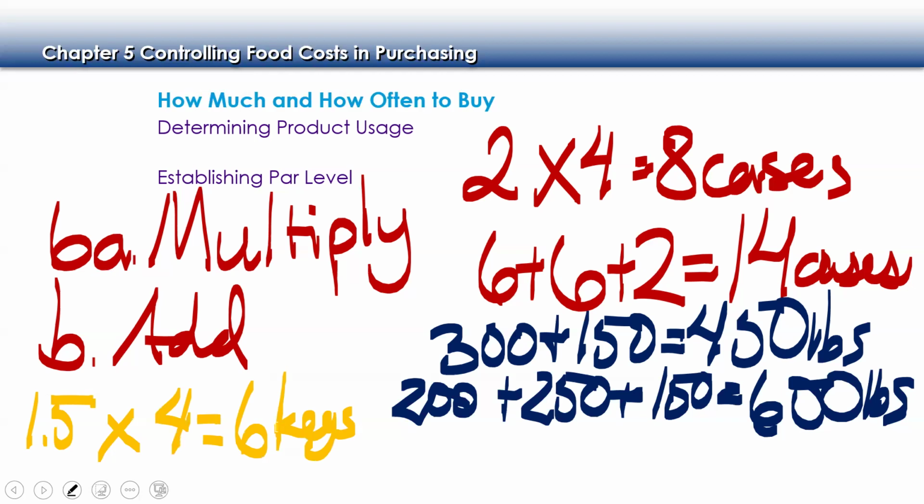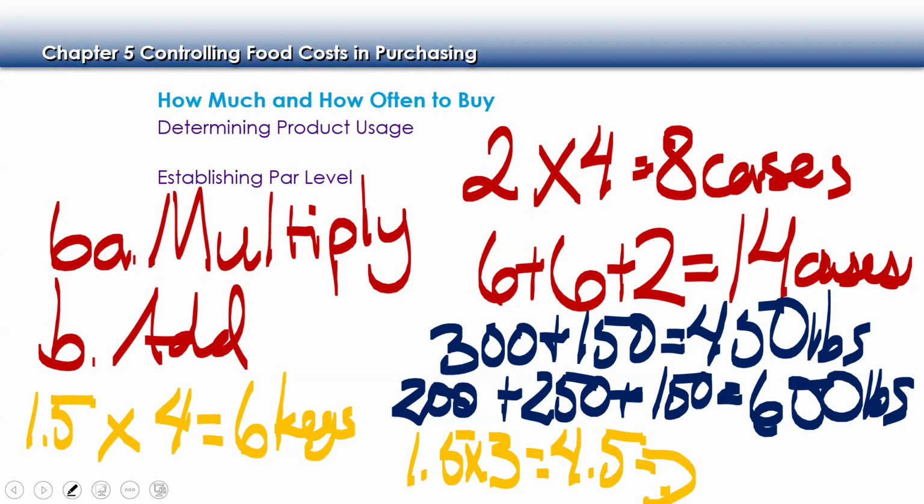And then 1.5 times 3 is 4.5. So do I call Silver Eagle and say, hey, I need 4.5 kegs of Bud Light? No, I round up to 5. My par is 5. Okay.